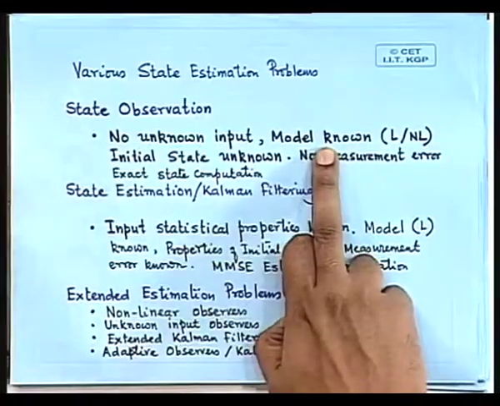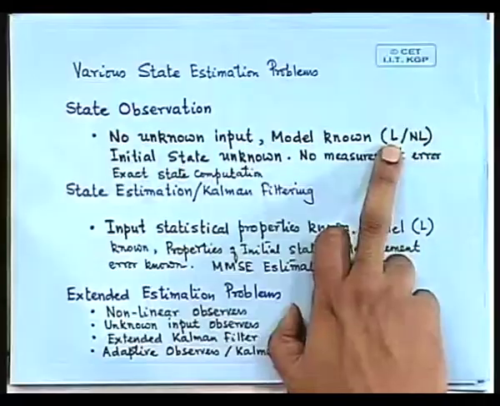There are, as I said, various kinds of state estimation problems, and they differ in a number of ways. I have just mentioned 3 classes. Initially, the simplest state estimation problems are known as the state observation problems. What is the situation there? First of all, you have a known model, generally assumed to be completely known.